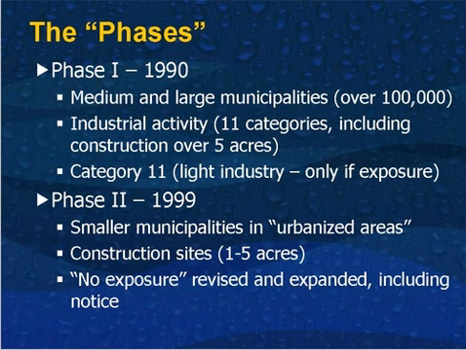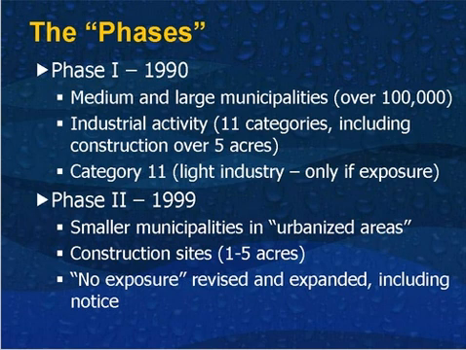And by the way, Category 11, and we'll get into this in more detail later, covers light industrial activities there. And in phase one, that was only if there was exposure. And then phase two came along in 1999 and covered smaller municipalities in these quote-unquote urbanized areas, and we'll explain that to you in just a little while, and smaller construction sites, basically 1 to 5 acres, and also changed this definition of no exposure.